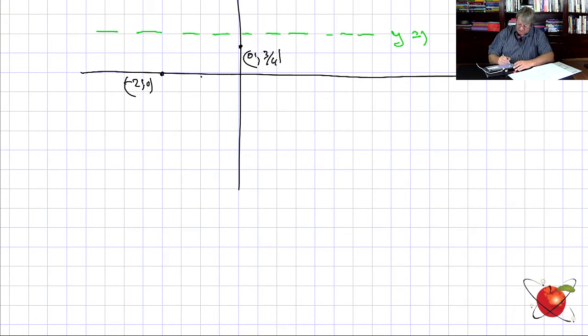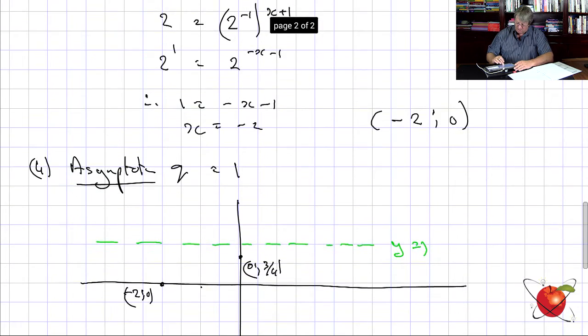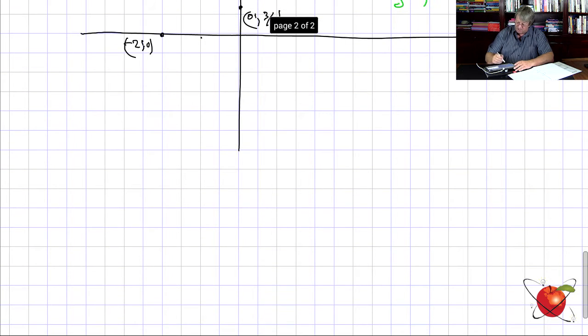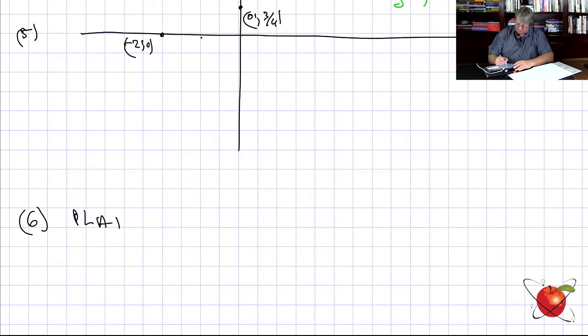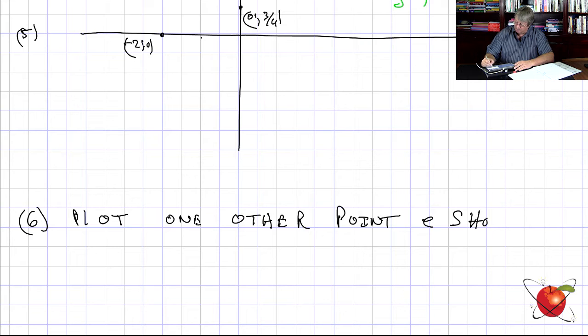The next step is what number? Number 6, because 5 is plot the graph. 6 is plot one other point and show it.